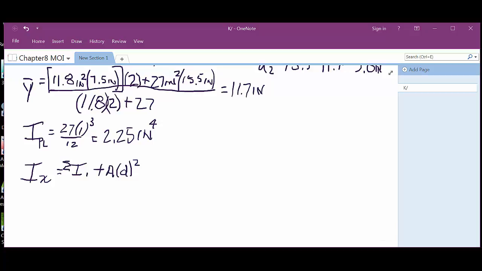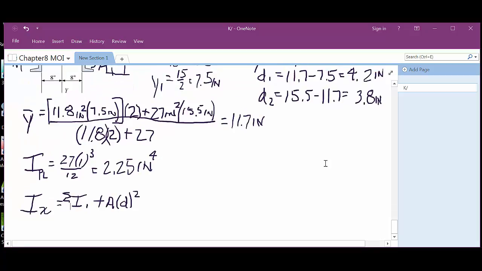That's where we're at, right? Did somebody have a question? We're figuring out that I is for the plate. Yes, that's the moment of inertia for the plate, and we already have the moment of inertia for the C channel.